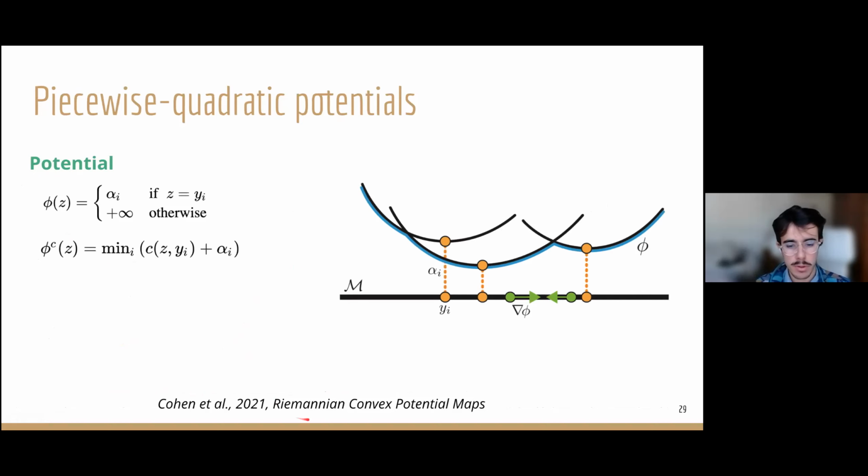Another way, proposed in this paper, Riemannian convex potential maps, is to parameterize it as a piecewise quadratic potential. I guess the drawing here helps. They have a collection of y_i's and alpha_i's, and the y_i's are the anchor points of the minimum of these quadratic functions, and the alpha_i's are the height. And so the potential is defined as this.